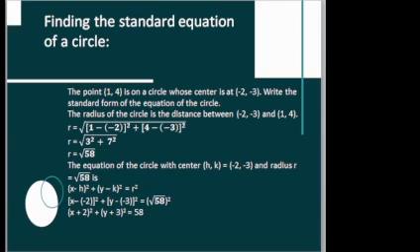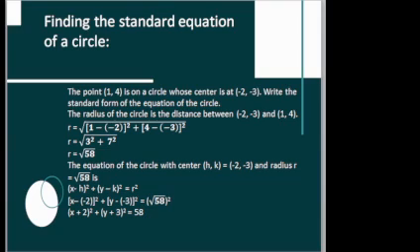So we will just substitute the given center and the radius that we have already solved. So we have our h is -2 and our k is -3, and we have our radius, the square root of 58. So we have x minus -2 squared plus y minus -3 squared equals the square root of 58 squared.